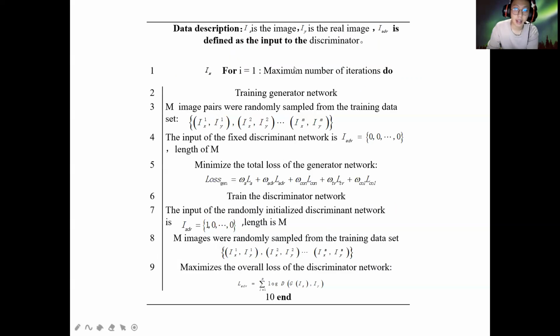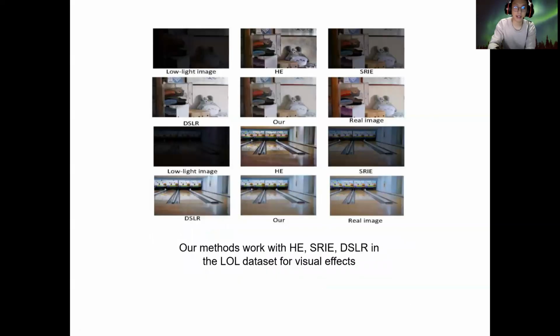Okay, and then the flow of our algorithm. We can see that we have about 10 steps to achieve our algorithm. And the next part is the experiment for our paper. We can see the result.